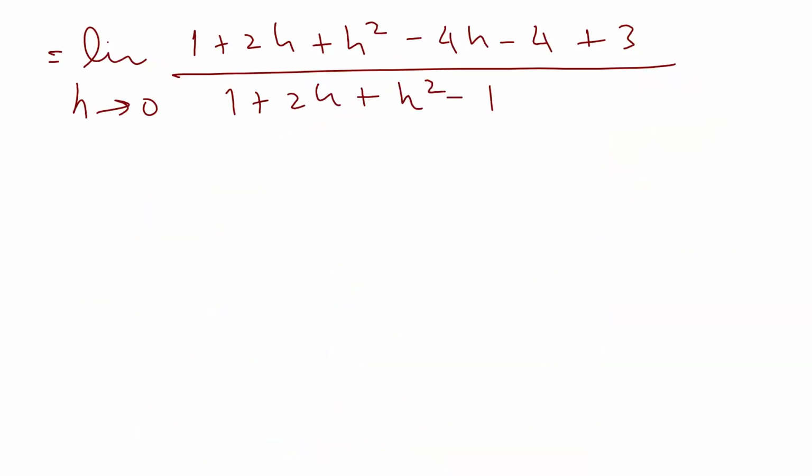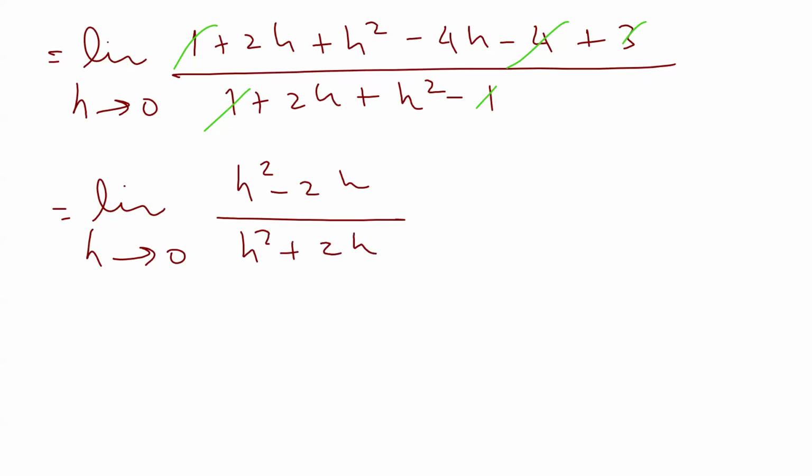Now some cancellations are happening over here. So 3 plus 1, that is 4, minus 4, that is gone. And limit h approaching 0, in the numerator it is going to be h square minus 2h, and in the denominator, h square plus 2h. Let me see whether I have written this correctly or not.